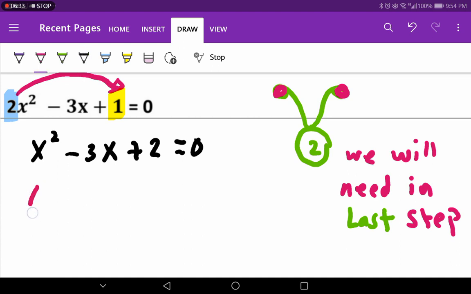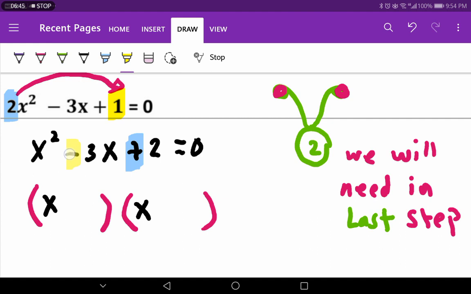Okay, so I do what I know. Actually, this is my parentheses, and this is x and x. I check here, it is positive. That means I have a similar sign, so both of them must be negative, because of the middle sign. So this is negative and this is negative.